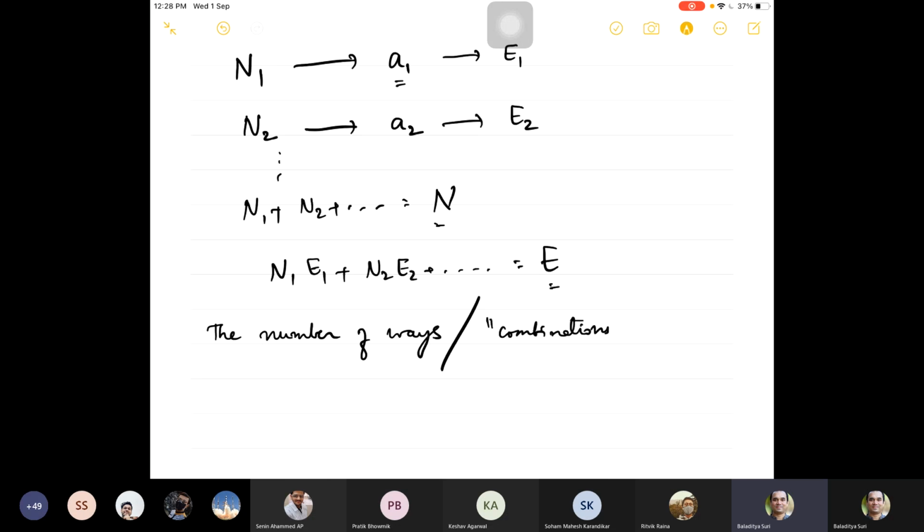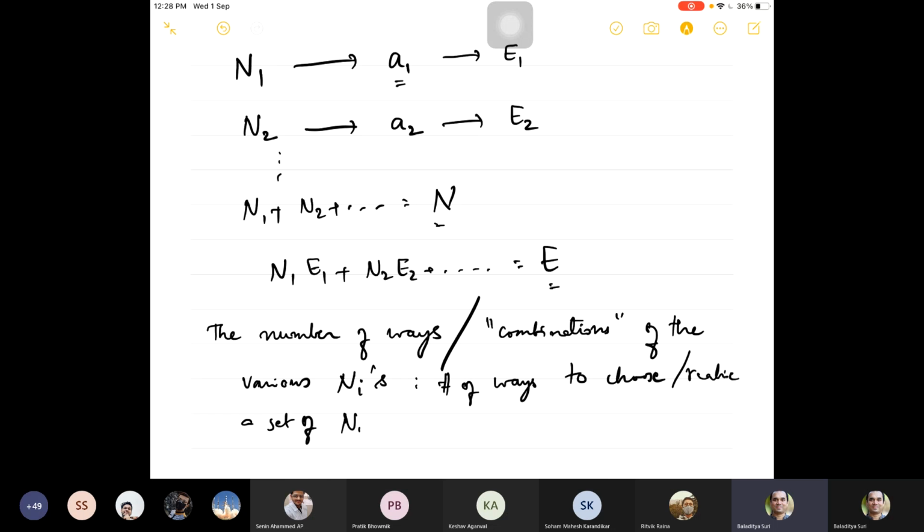We all know combinations and permutations, so the number of combinations of the various ni's, meaning the number of ways in which we can choose a particular set of occupation numbers, the number of ways to choose or to realize a set of ni's. That is what we are interested in.